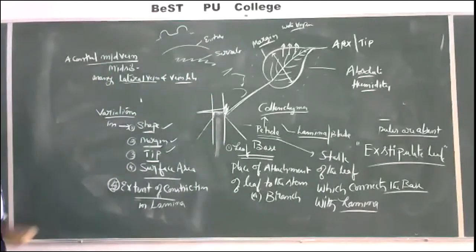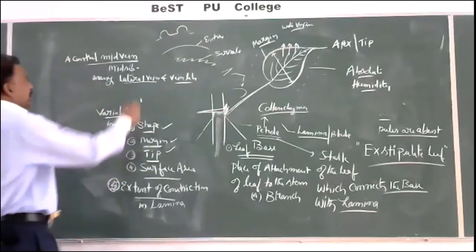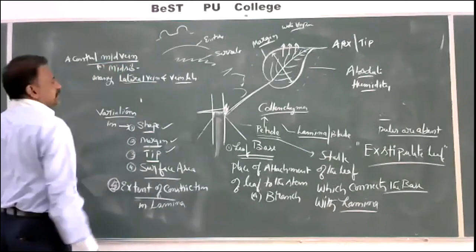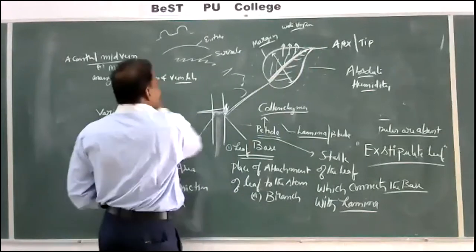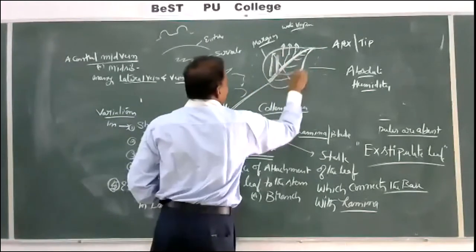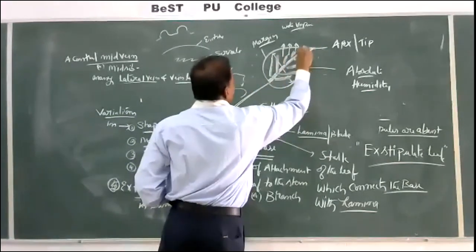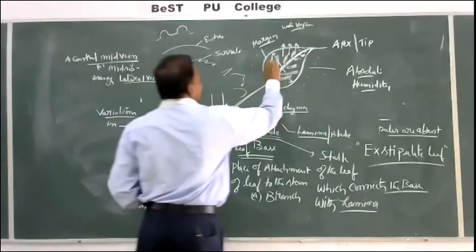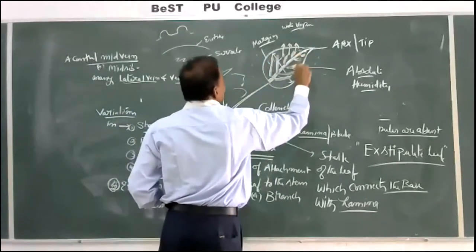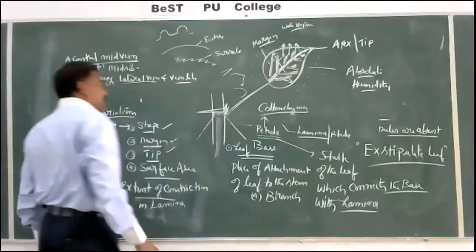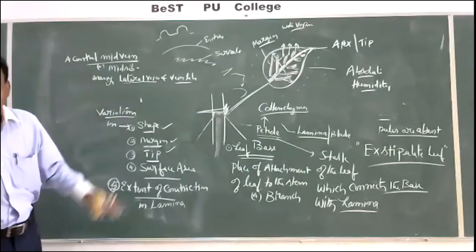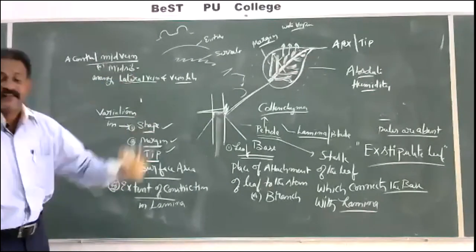See here, a central midvein or midrib. This is the central midvein. Many lateral veins and veinlets again. The whole arrangement is called venation. The study of the arrangement of veins in the lamina is called venation.